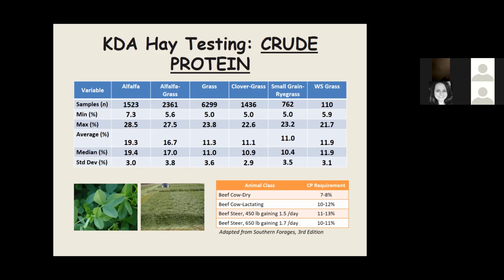You can see the minimum protein analysis, the maximum protein analysis, and then the average. This is on numerous varieties: alfalfa, alfalfa grass, grass and clover, and you can see these different numbers.